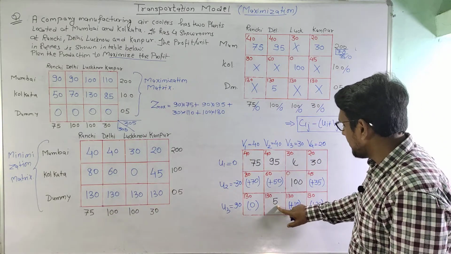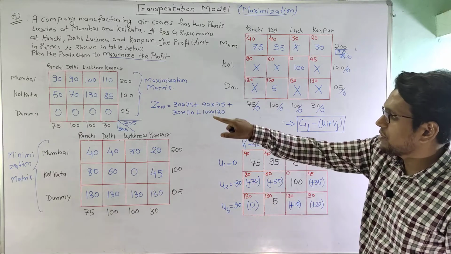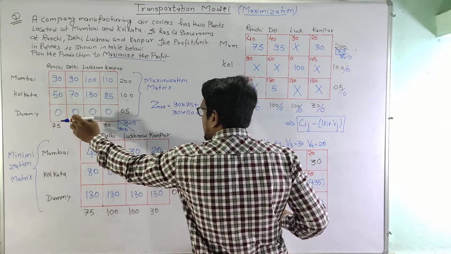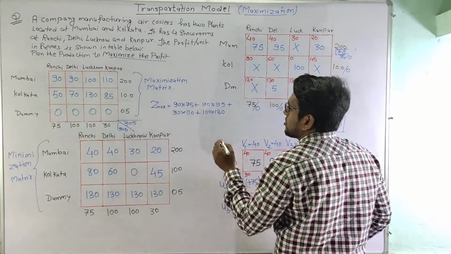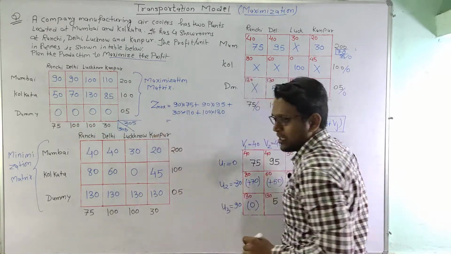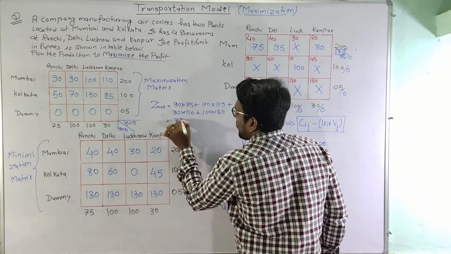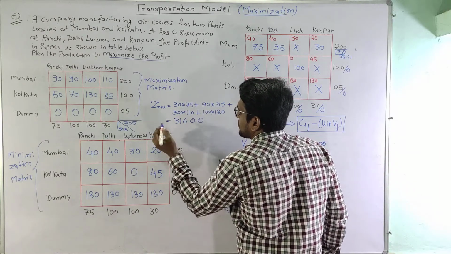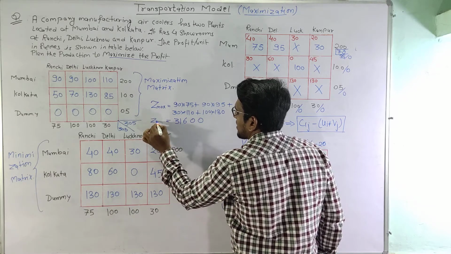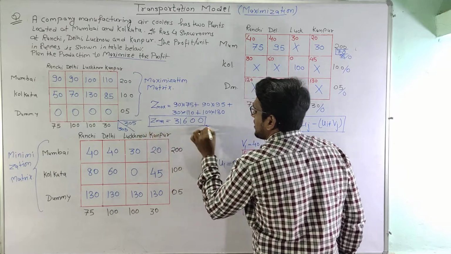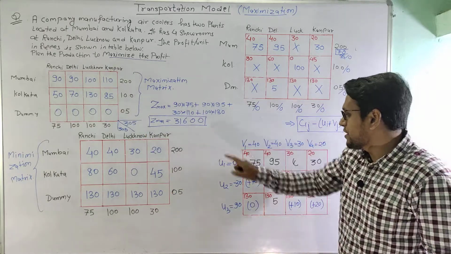Here we have 5 into 0. In the original matrix this is a dummy and shows 0 profit. So after calculating this, we will get the value as 31600.